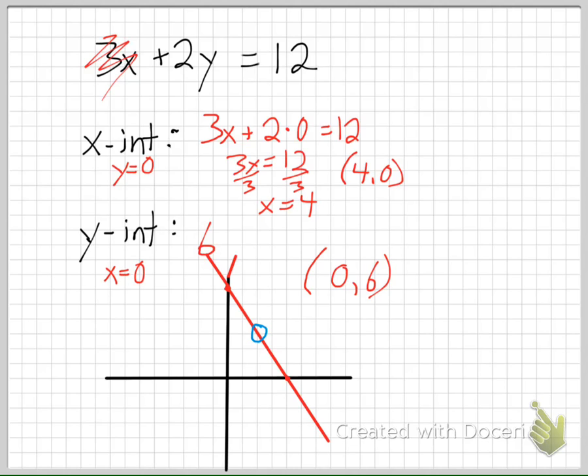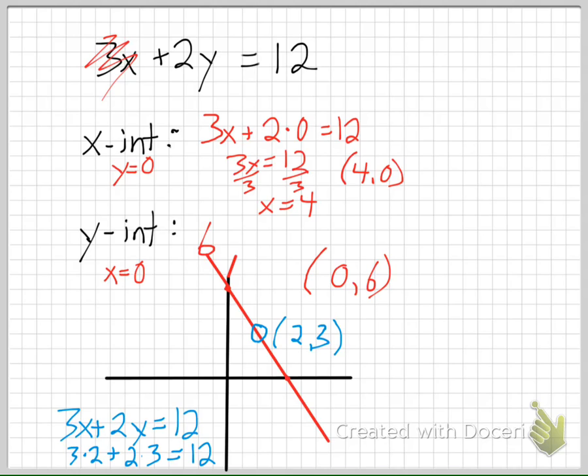The value there is (2, 3). So let's check. Does that work in the equation 3x plus 2y equals 12? That's 3 times 2, 6, plus 2 times 3 equals 12. Is that true? Yeah. Any other point that you find on that line will satisfy that equation.